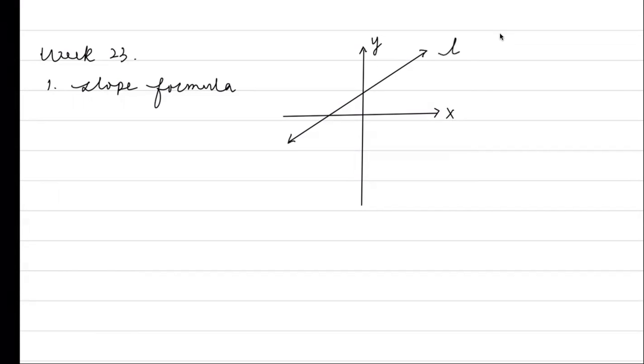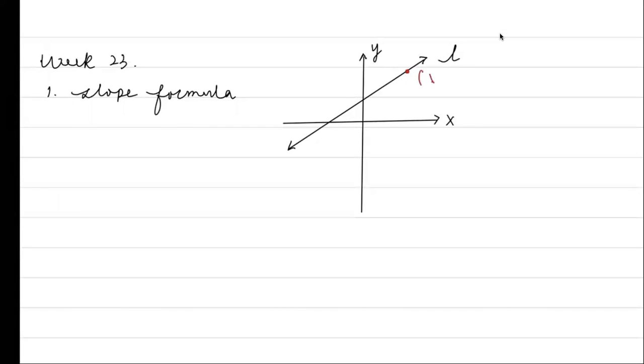Let's call this L. This is 1 point, and the coordinates of this point are x1, y1. And we have another point, any point, as long as it is on the straight line. Let's call this x2, y2.